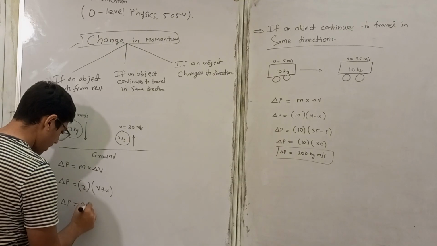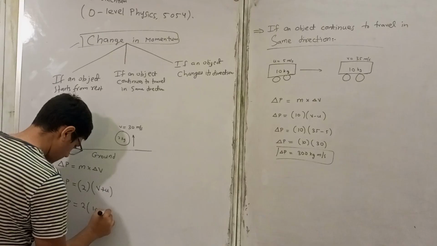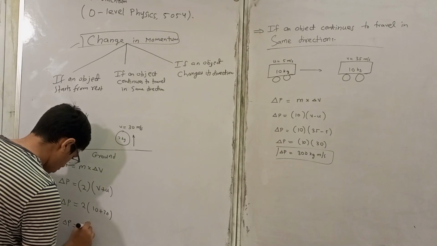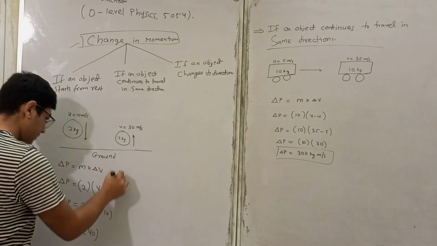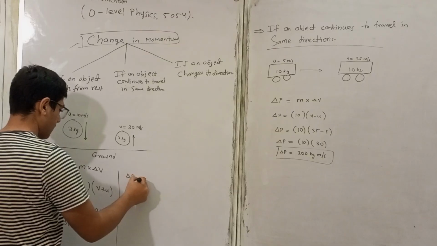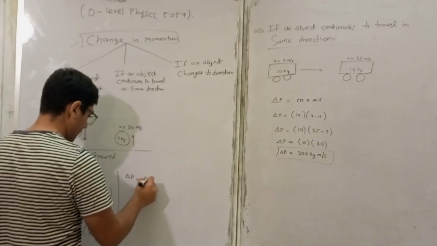Delta p will be 2 into 10 plus 30. Delta p will be 2 into 40. Delta p will be 80 kg meter per second.